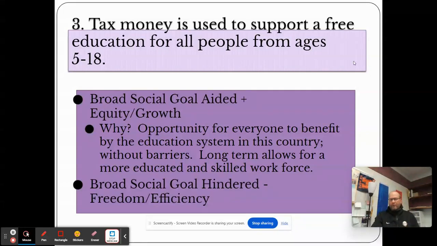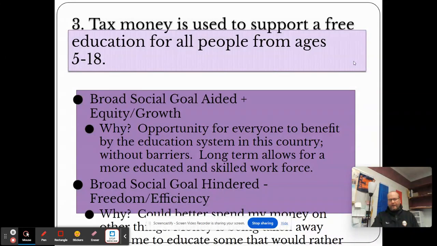What broad social goal might be hindered? Well, freedom and efficiency here. Okay, could we spend our tax money better on other things? Maybe security or maybe healthcare. Is that the best way to spend our money? Plus, as a taxpayer, I'm being told in this situation, I must pay taxes and here's where it's going.